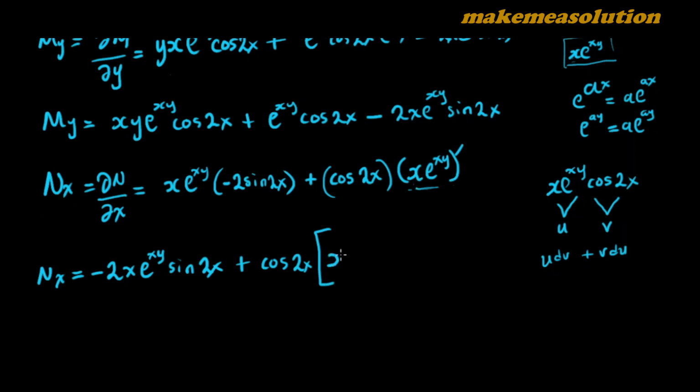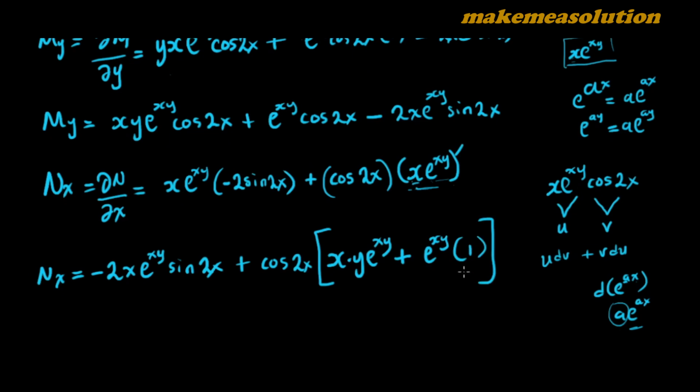So u dv: when you differentiate this particular term partially with respect to x, that's your dv, you're going to get y exponential xy, because y is a constant and the derivative of exponential ax is actually a exponential ax. Typically, whenever you're differentiating with respect to a variable, all constants become coefficients after differentiating. So when you differentiate exponential xy, since y is a constant, it will come down and you now repeat the exponential xy term. So this is u dv, then plus v du, that's exponential xy as our v, then du, when you differentiate x, you get 1.